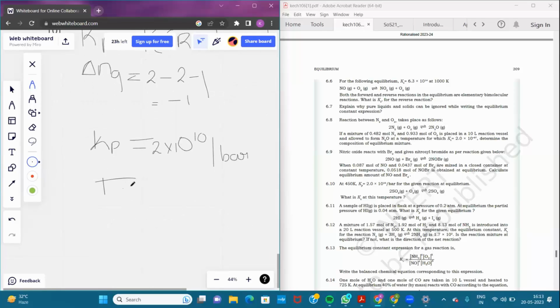Temperature was mentioned as 450 Kelvin. And as the unit of pressure here is bar, we'll use the universal gas constant value as 0.008.